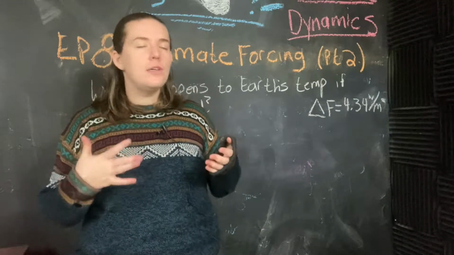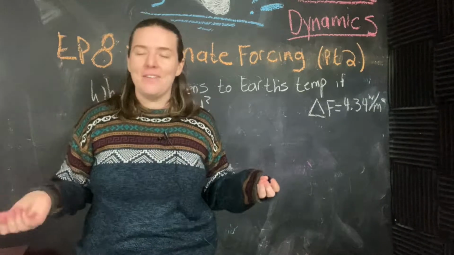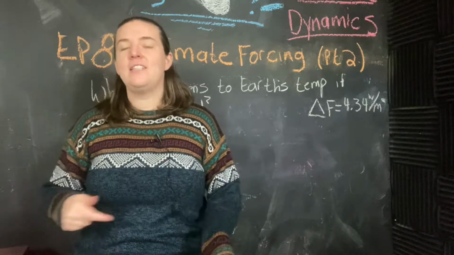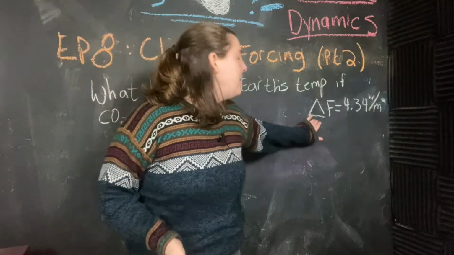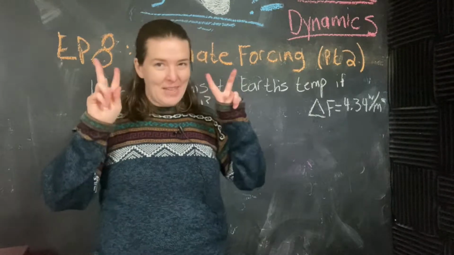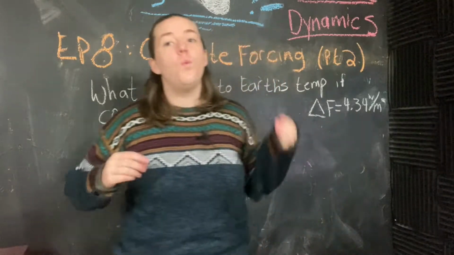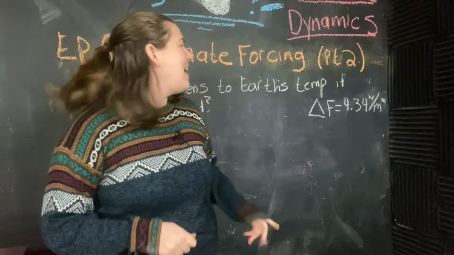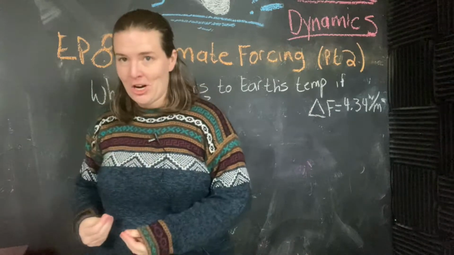We went from the pre-industrial level of 280 parts per million to a doubled level of 560 parts per million, and converted that change in concentration to a change in forcing, or again, we're going to think about that as a change in energy, where our number here is 4.34 watts per meter squared. And what we're going to do today is take my change in forcing and get a change in temperature.